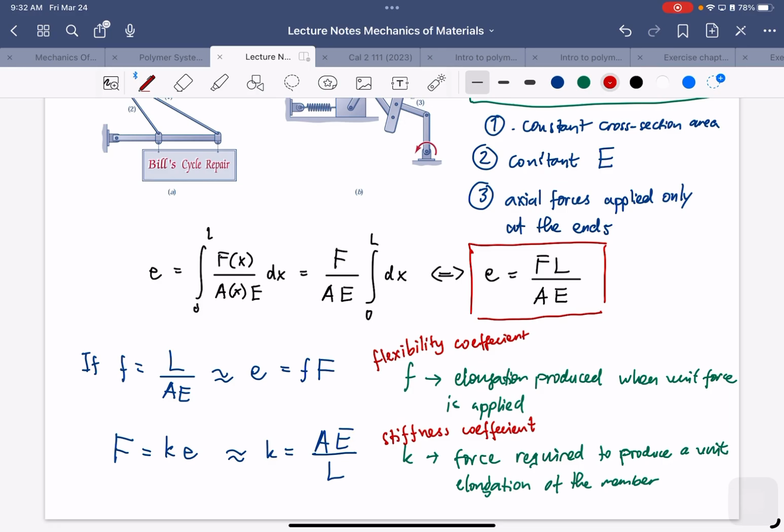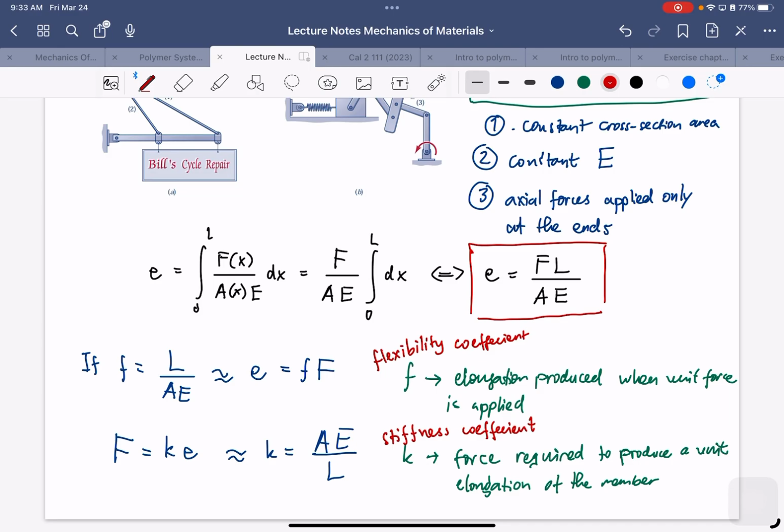So you now have the concept for the elongations, which means that based on what we have from the previous chapter, the normal stress, strain, and of course the statics, then now if you have a problem that is asking about displacement, the elongations, it means that first thing, check the statics, check the external force, and maybe if the question is asking for the internal force, also check the internal force by taking the same concept from the previous chapters.